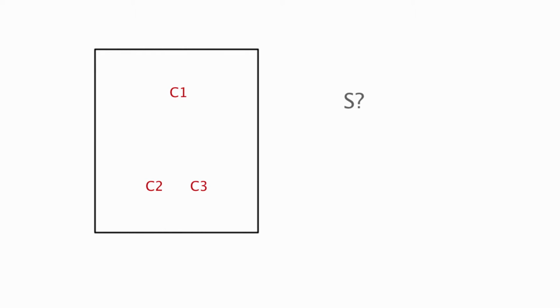Now, it may turn out that we discover some bit of information that has a small impact on what we think is a rather implausible rival. Call it C3. And this information makes C3 just a little bit less plausible.